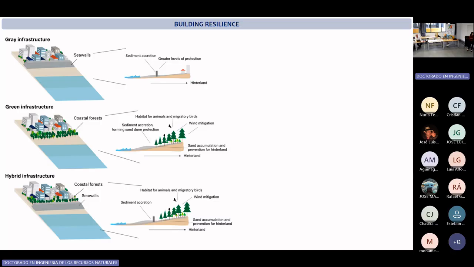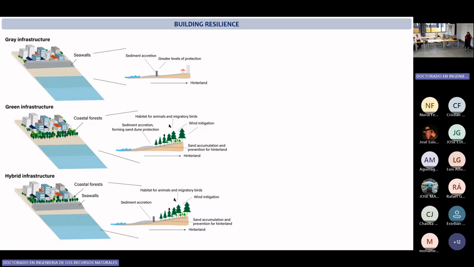We have other solutions based on nature. We set up green infrastructures or green solutions by developing parks, by developing wetlands, vegetated wetlands, and many others, like fixation of dunes. We will take some examples. And finally, because it's very hard to develop pure nature-based solutions, we develop hybrid solutions.